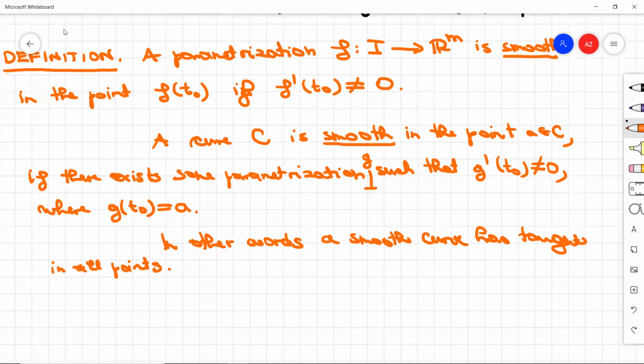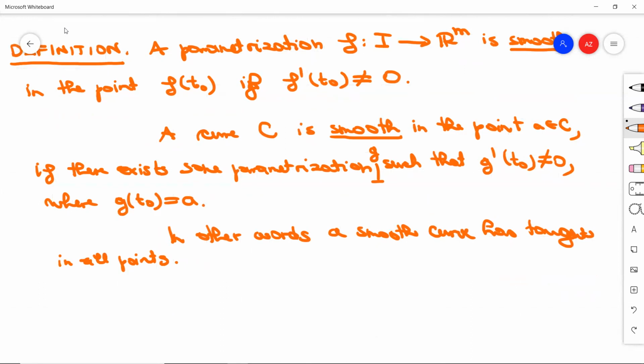So let's define also this: the points of the curve which are not smooth are called singular.